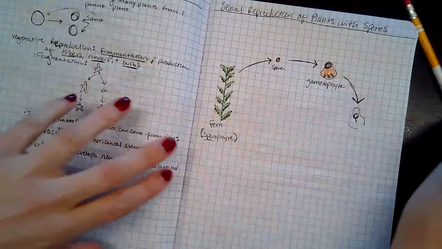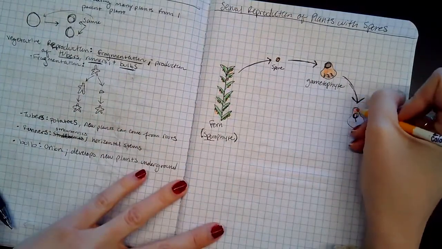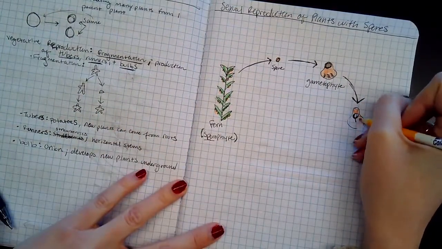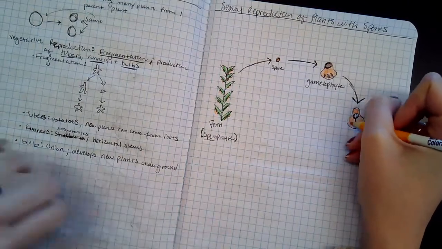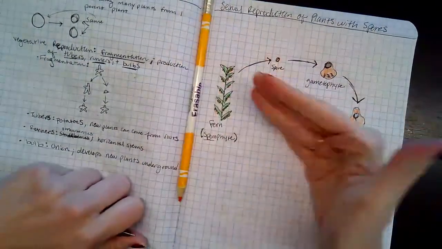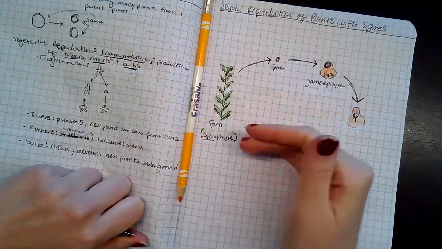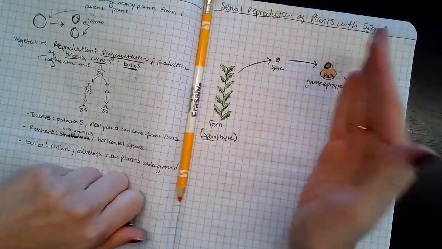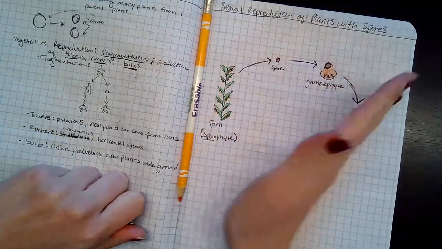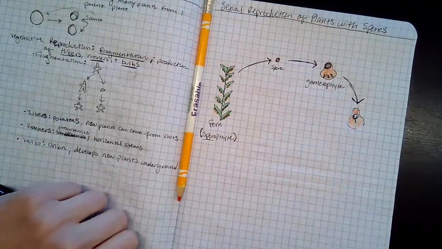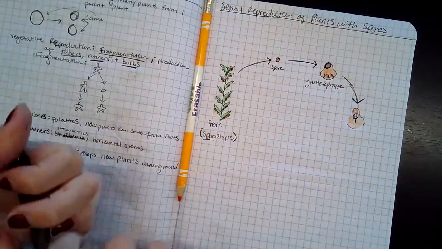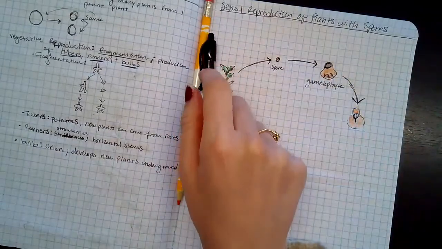So let me color it. So how can that happen? Well, the sperm have a whip-like tail and it can swim, right? So it has a whip-like tail called a flagella and it can swim to the egg and then they can come together. So that's how that happens.